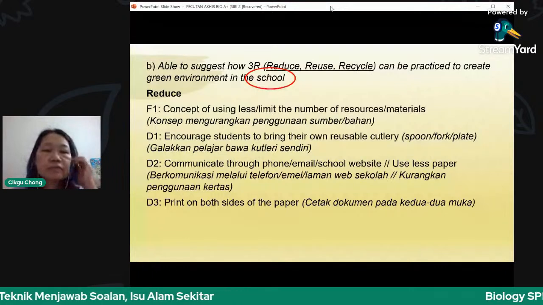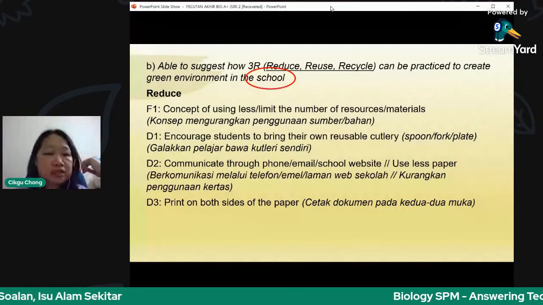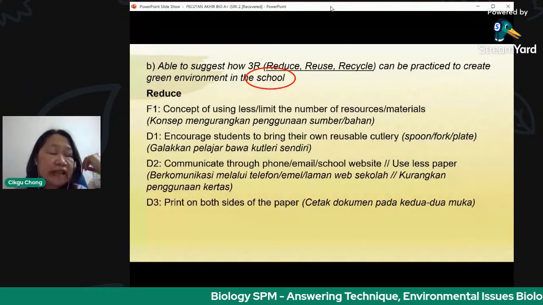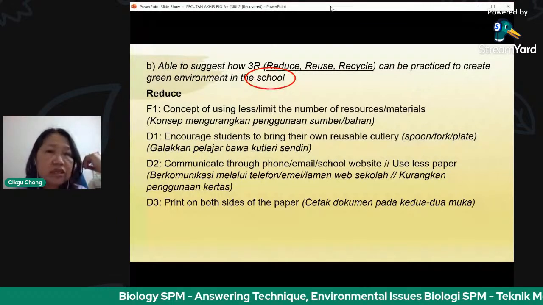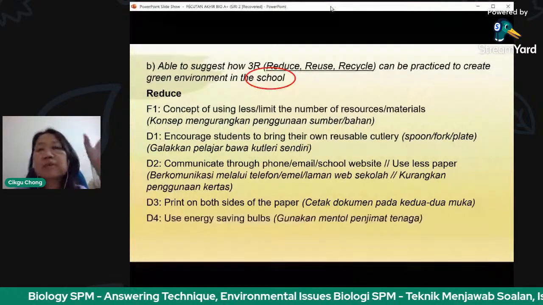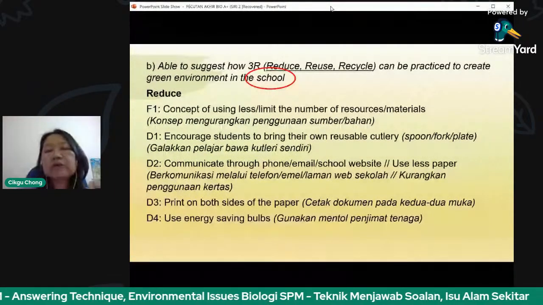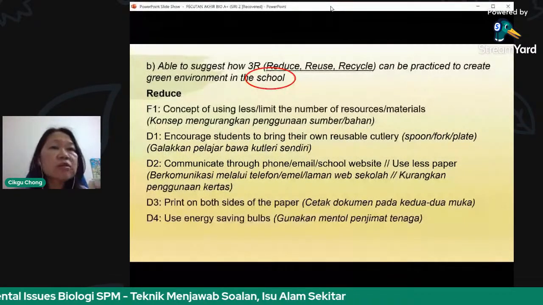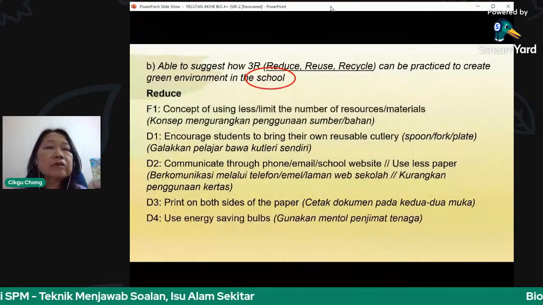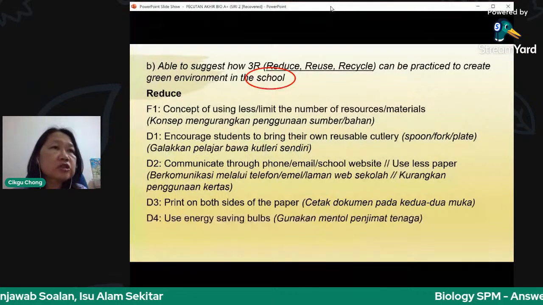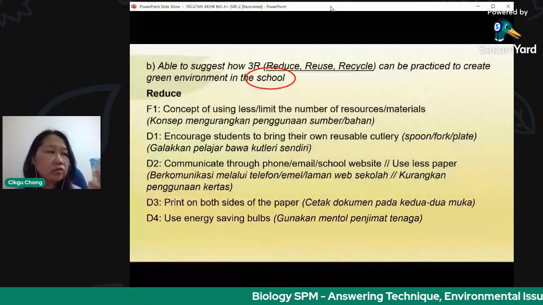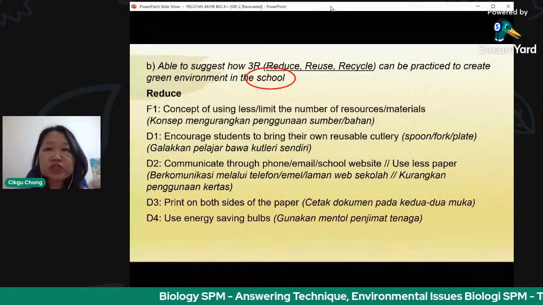Use energy saving bulbs. Okay, encourage people to use energy saving bulbs. So here, energy saving bulbs, you use less energy, less electricity to produce the same amount of brightness. Because, for example, using LED lamps or LED lights, the technology is different from the normal filament bulb. Filament bulb, the concept is you burn the tungsten until it heats up, becomes so bright that you get the glow, the orange color light.